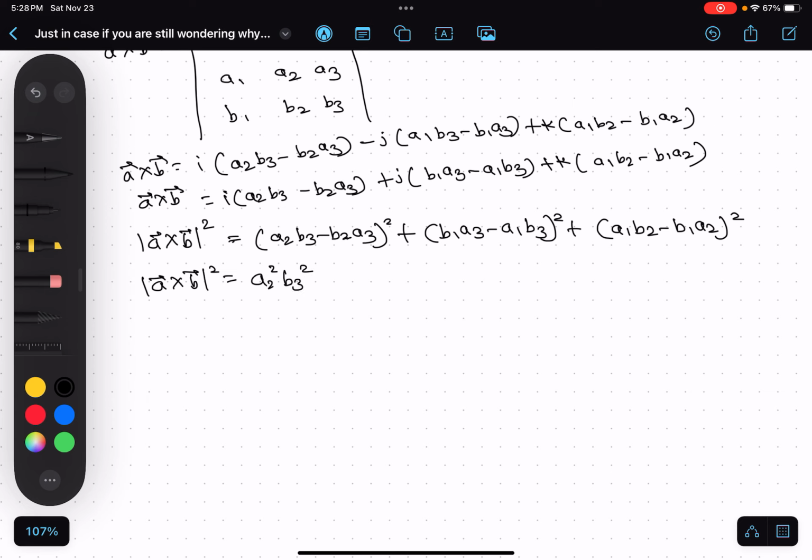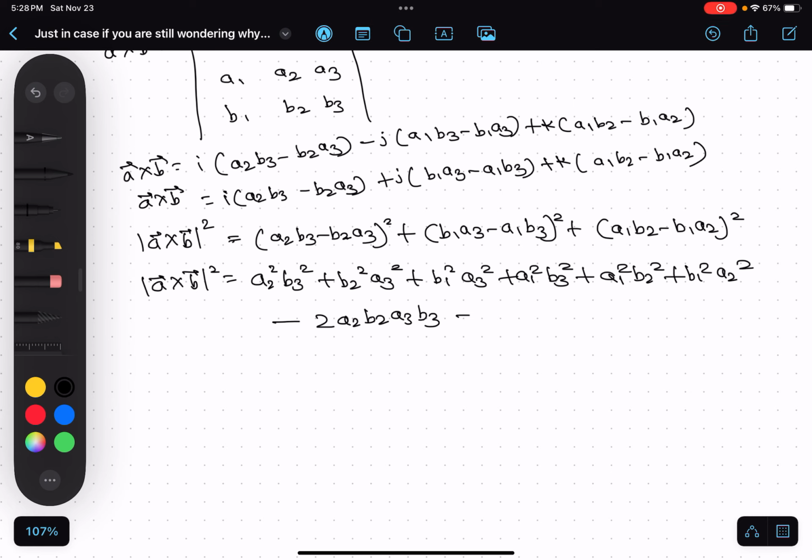First of all, let me write all the square terms, and then I will write the minus 2ab terms: plus b2 squared a3 squared plus b1 squared a3 squared plus a1 squared b3 squared plus a1 squared b2 squared plus b1 squared a2 squared, and minus 2 a2 b2 a3 b3 minus 2 a1 b1 a3 b3 minus 2 a1 b1 a2 b2. Right, now we get this expression.